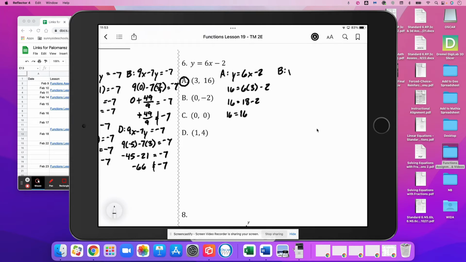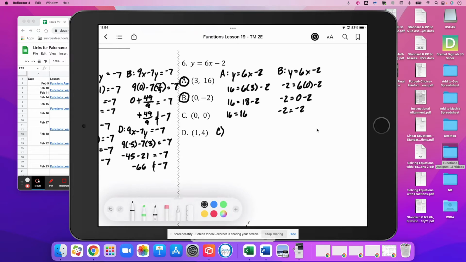For b, again, the same equation, y equals 6x minus 2. Negative 2 is equal to 6 times 0 minus 2. Negative 2 equals 0 minus 2. And we get negative 2 equals negative 2. Yep, that's a true statement, so it satisfies the function.